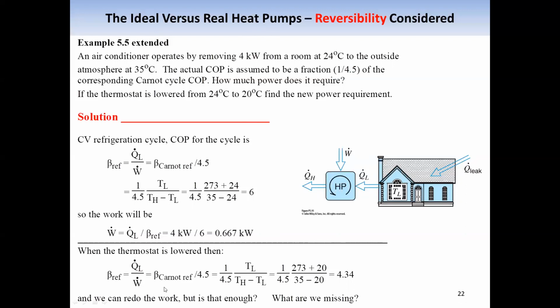And we already know, if we lower the thermostat temperature from 24 to 20, the new COP is only 4.34. Notice this is lower than what we just estimated.